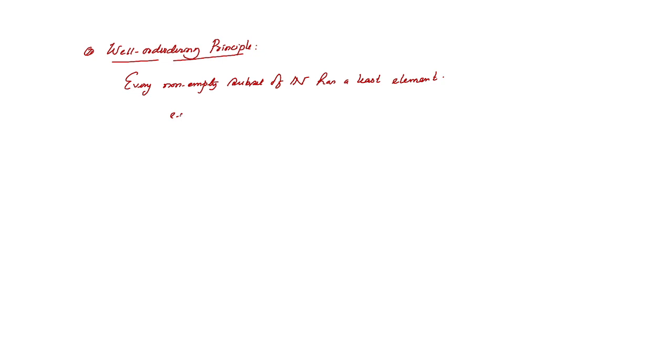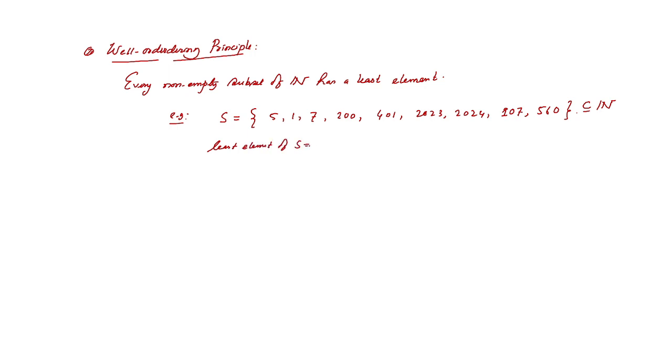As for example, say S equals 5, 1, 7, 200, 401, 2023, 2024, 107 and 560, like this. So this is basically a subset of N, and you will see the least element of S here is basically 1.